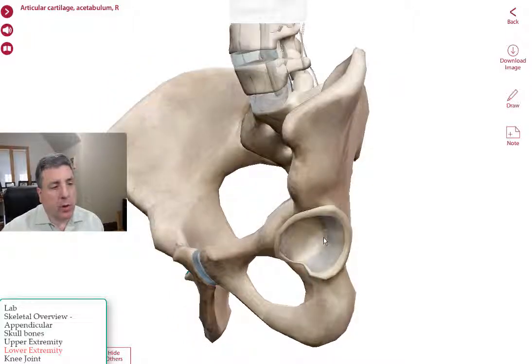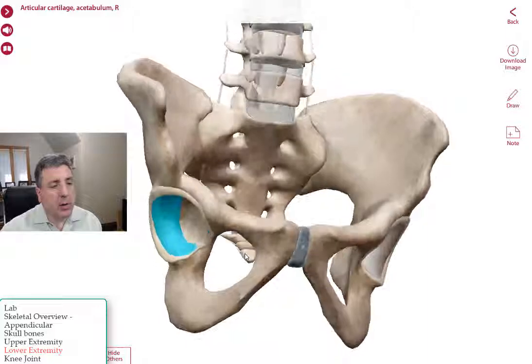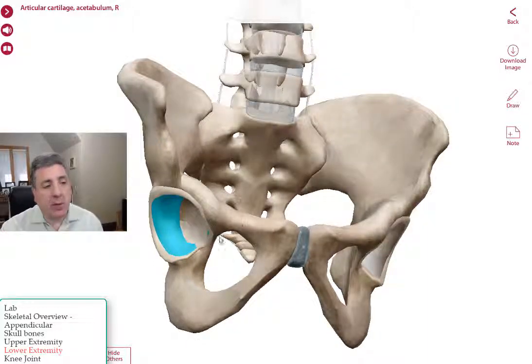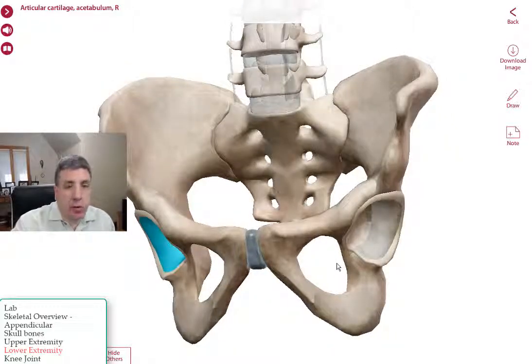Again, you're going to have one on each side. And then we've got this hole here, that big hole, that's called the obturator foramen. Okay, that's the obturator foramen. And in living tissue, as in non-dead, there's going to be a connective tissue membrane that covers this area as well.